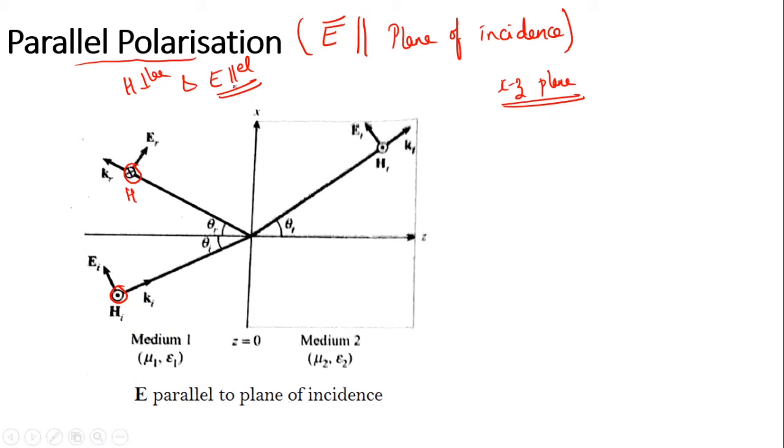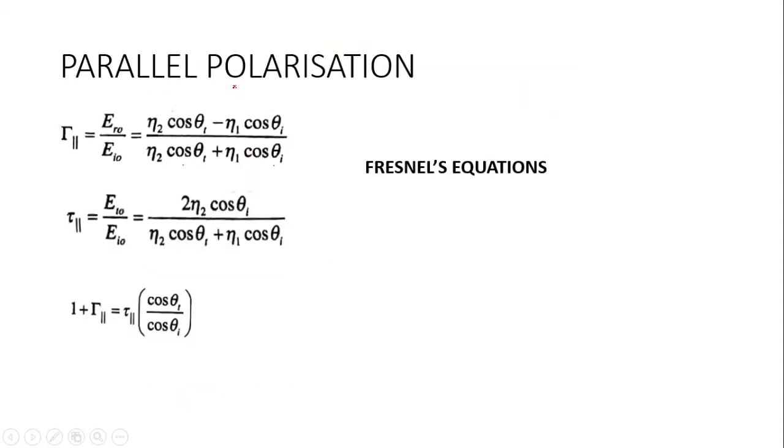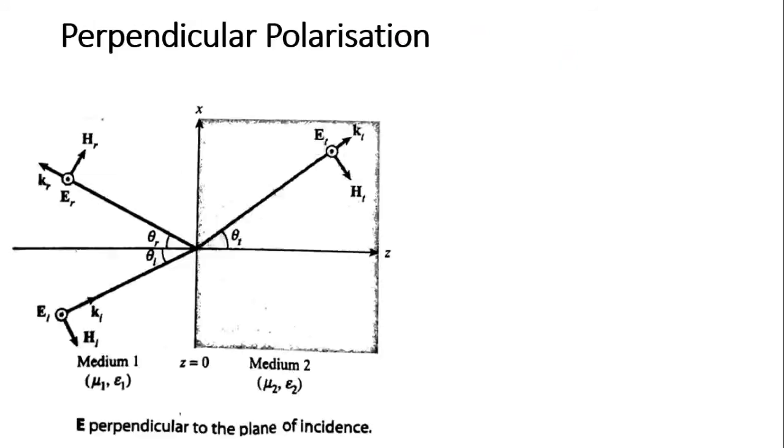So this is an example for parallel polarization. And in case of perpendicular polarization, first we'll go through the figure. Here you can see that vector E is perpendicular to the plane. So perpendicular polarization means E is perpendicular to the plane of incidence.